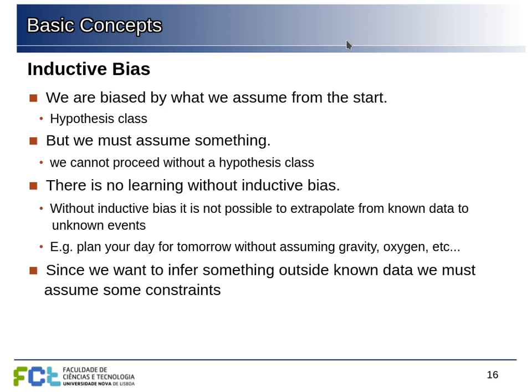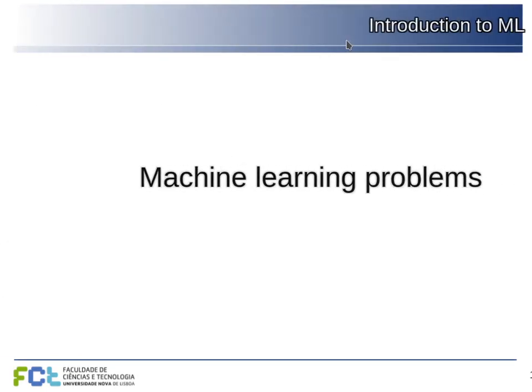We need to restrict them in order to be able to make any decision or extrapolation from previous events to future events. So whenever we need to extrapolate something or generalize, we need to restrict the hypotheses that we are considering, and this is the inductive bias, the selection of a hypothesis class that does not cover all possibilities.